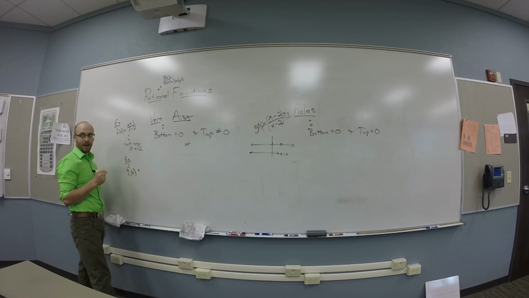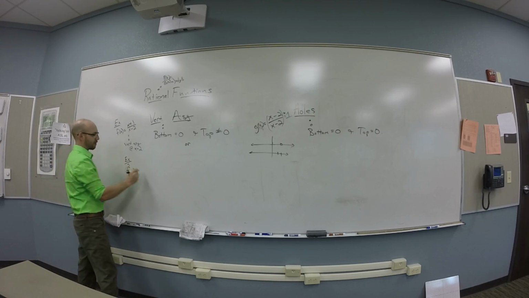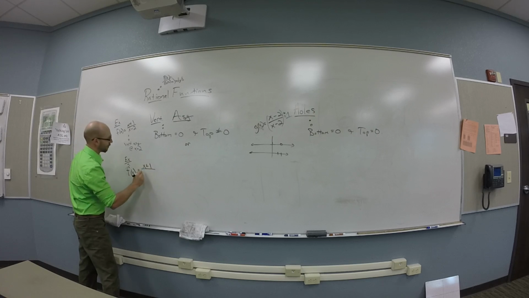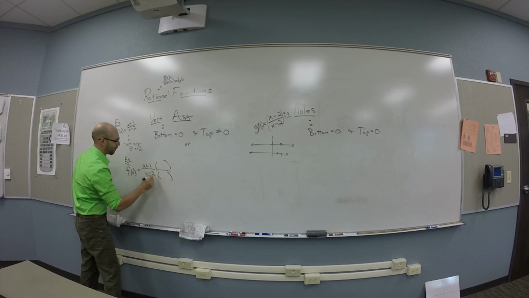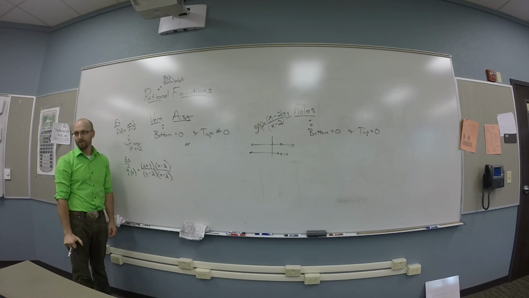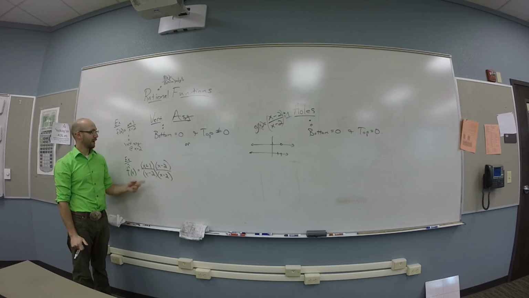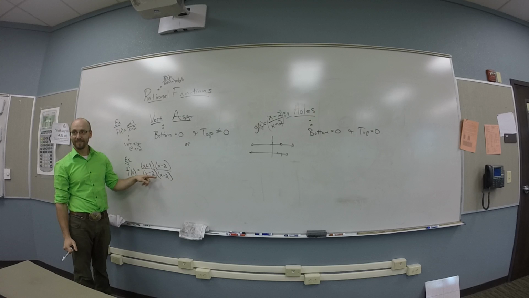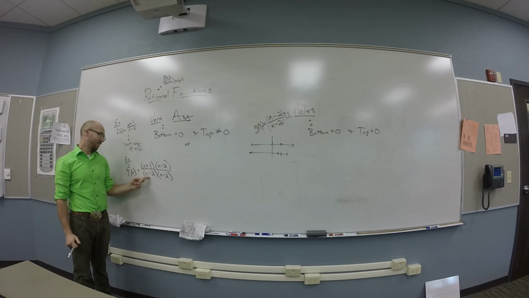It's going to be x plus 1 over x minus 2, but then I'm going to multiply top and bottom by x minus 2. So now this guy has a hole at 2, but it also has a vertical asymptote at 2, so which one takes precedence?